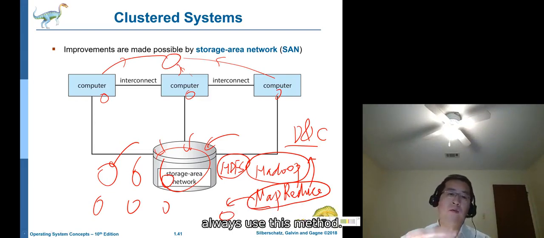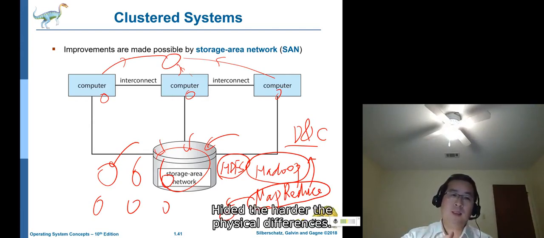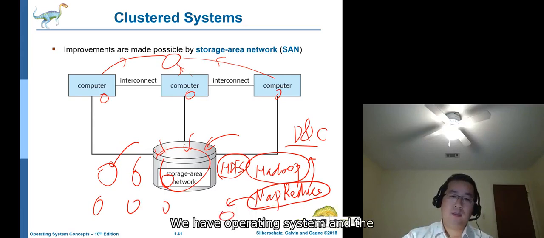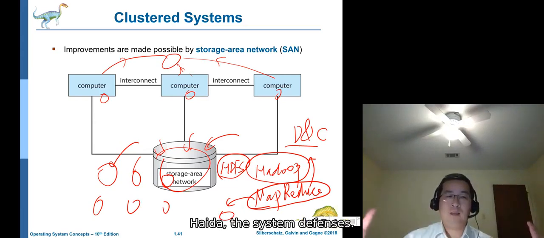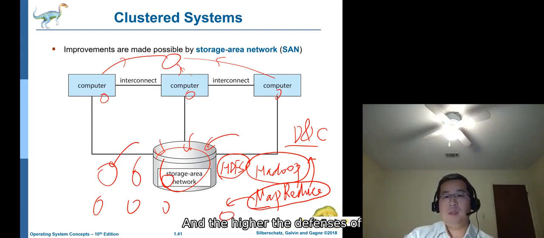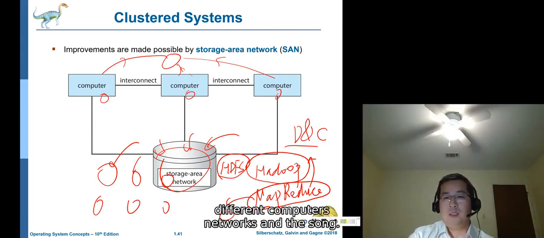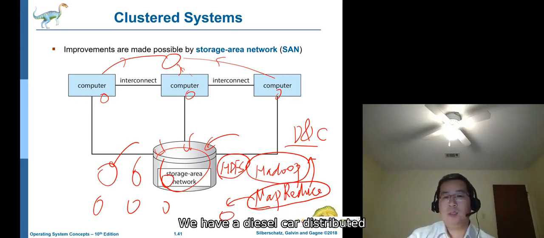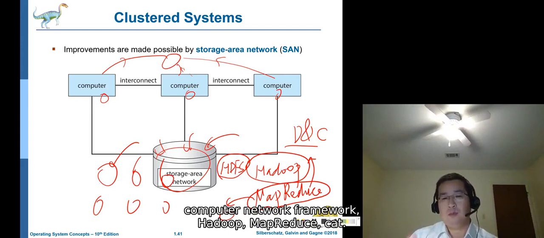So you can find out, we always use this method: hide the physical differences, we have an operating system; hide the system differences, we have a network operating system; hide the differences of different computers, networks, and so on, we have this distributed computing framework, Hadoop, MapReduce.